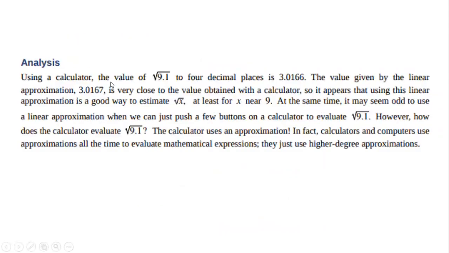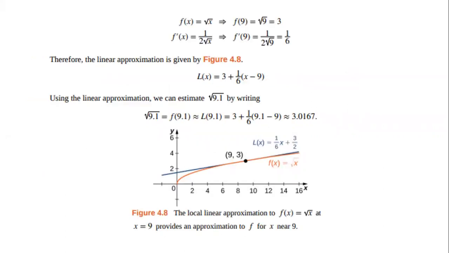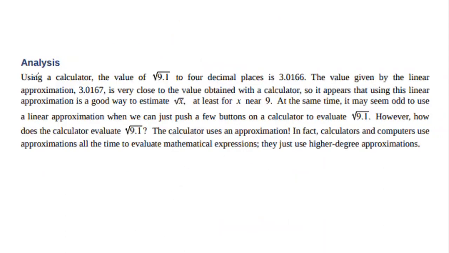Okay, this is the numerical analysis part. Using a calculator, the value of root 9.1 to 4 decimal places is 3.0166.